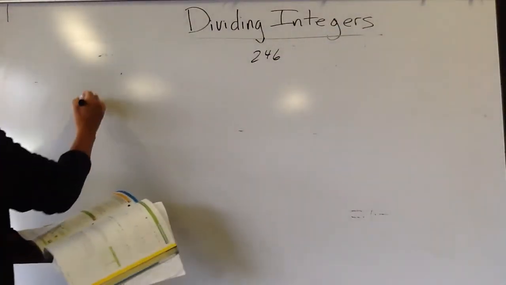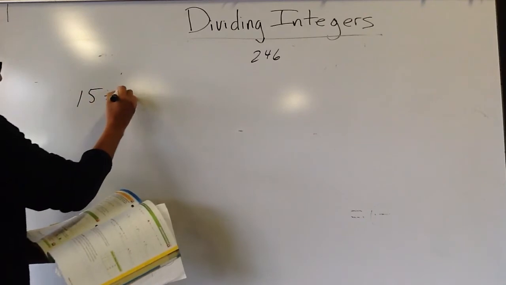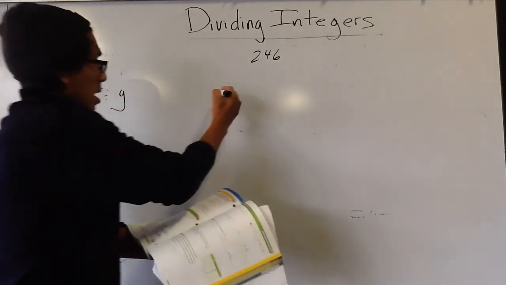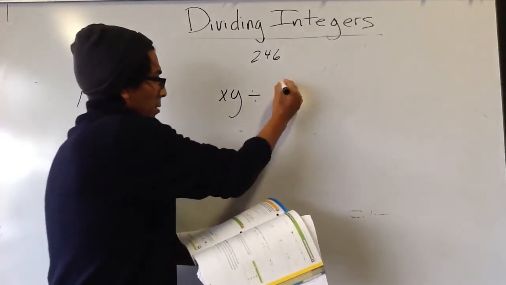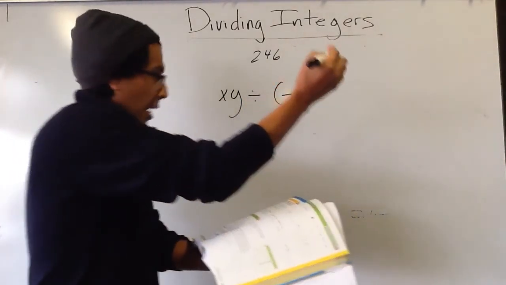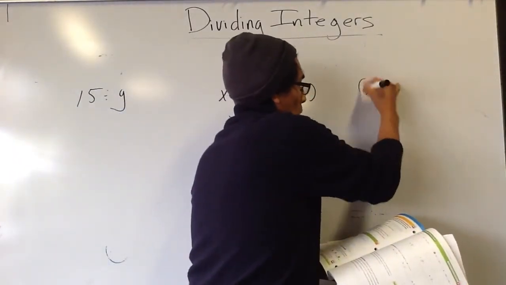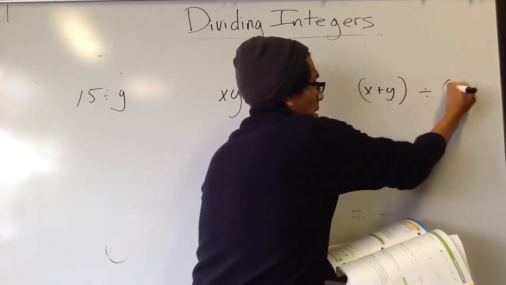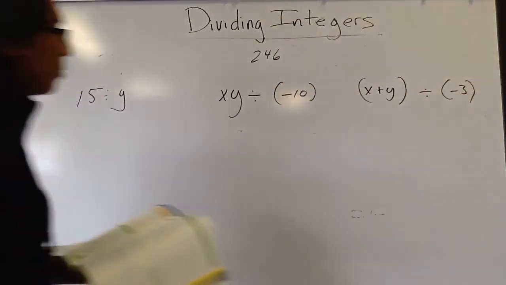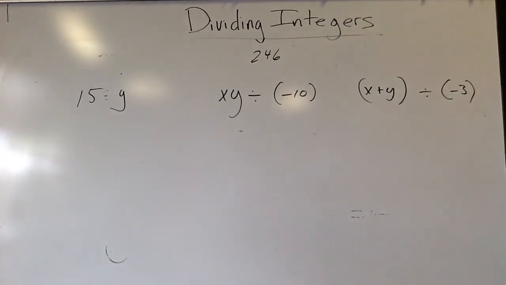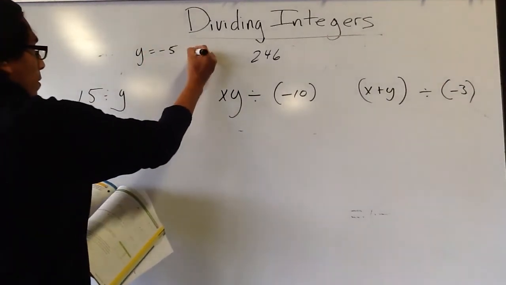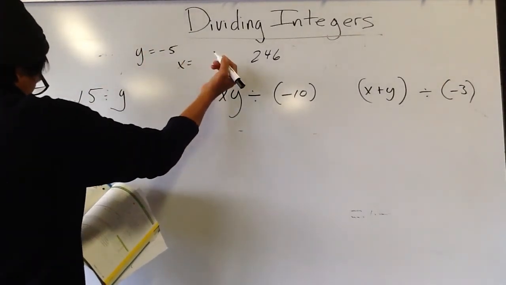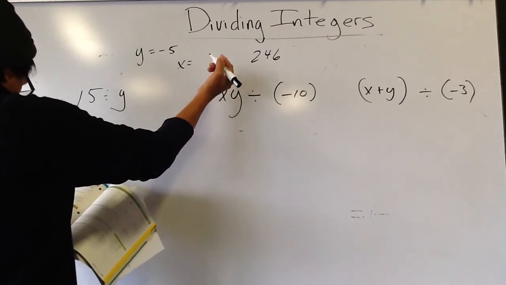Number 4: 15 divided by y, x y, when they're side by side, that's multiplying, divided by negative 10. And x plus y divided by negative 3. Now when we start putting in values for these variables, absolutely do not do it in your head. Well, what does y equal? y equals negative 5, x equals 8.